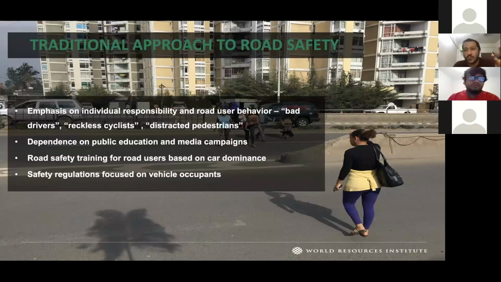People need to cooperate with the government, people need to follow rules, people are reckless, pedestrians are distracted, and so on. Dependence is more on public education. So how do we train people? How do we train drivers? How do we train everyone? The conversation is always based on car-centric thinking. Regulations are focused on vehicle occupants, but the people that are dying, the vulnerable, are somewhere else.